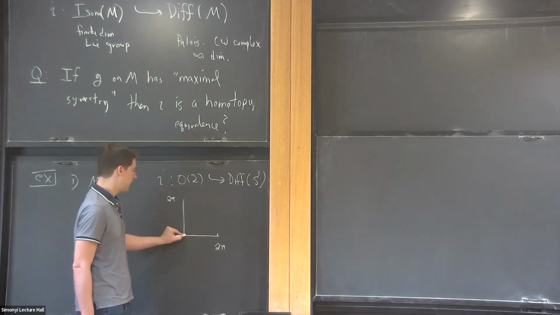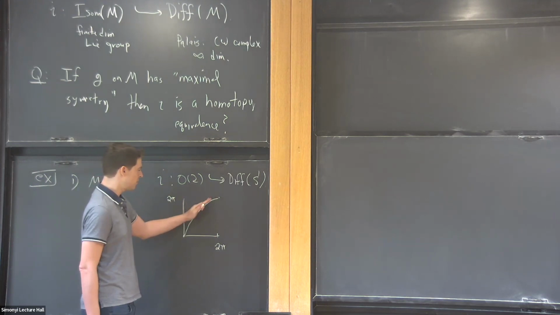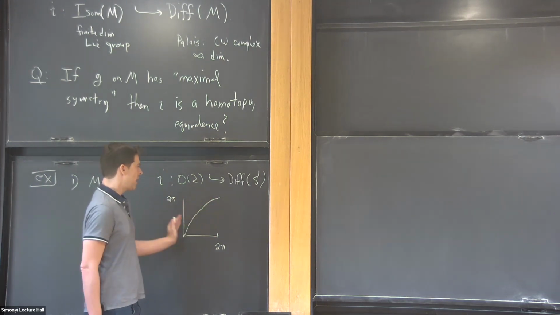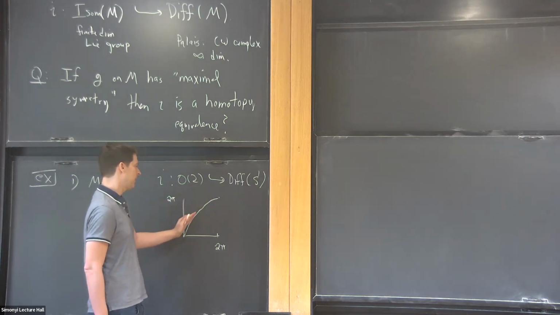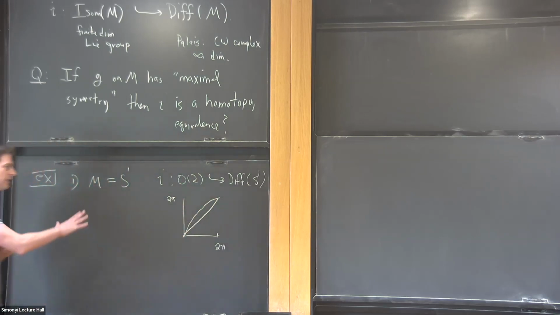Then you could think of it as just an increasing function. If I have any k-parameter family, you can come up with a way to retract that to the identity function. So in this case you could show by elementary means that there's a retraction of diffeomorphisms onto rotations. So that's the simple case.